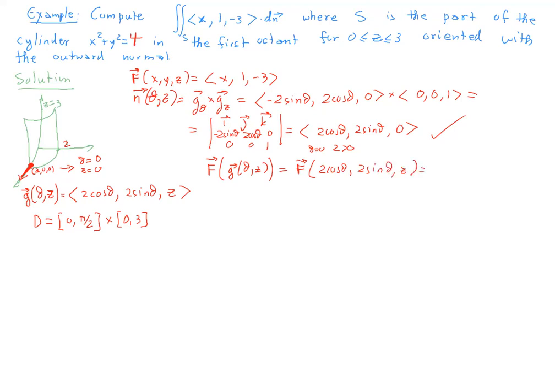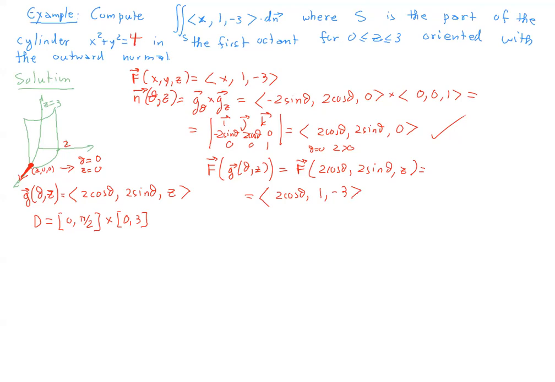Wherever you see x, you put 2 cosine theta. Wherever you see y, you put 2 sine theta. Wherever you see z, you just leave it as z. Okay, that's sometimes the confusion that can be caused, but I think it's very minor in this case. So I have an x that will become 2 cosine theta. The other two components are constant, so I don't have to worry about them.